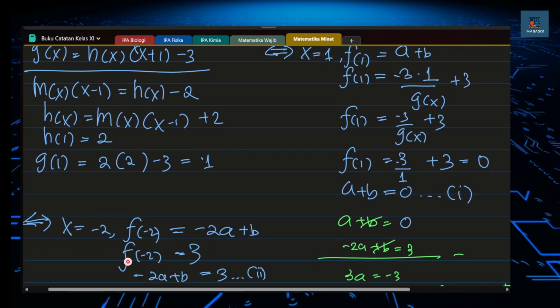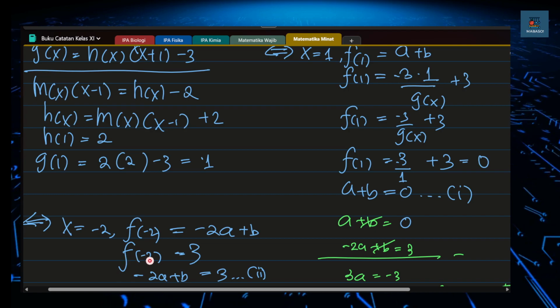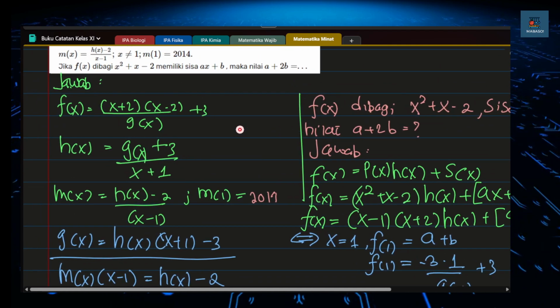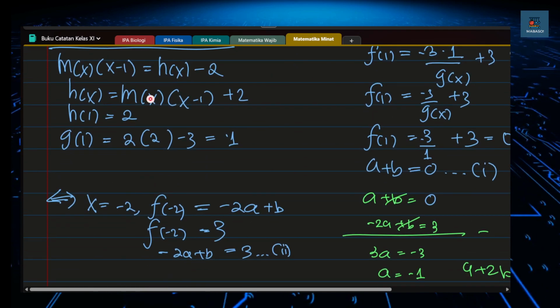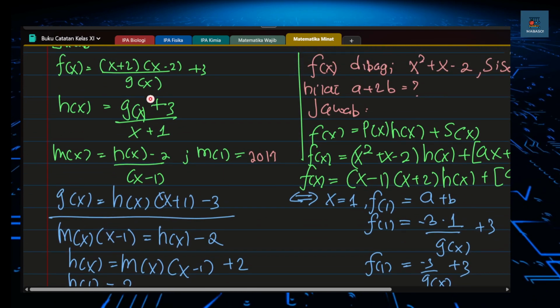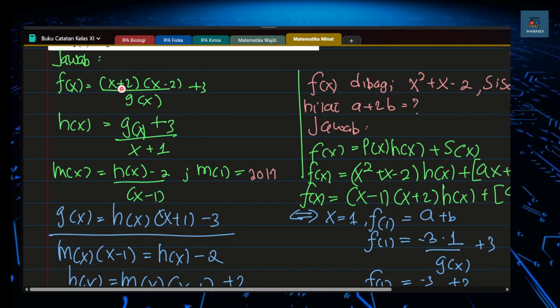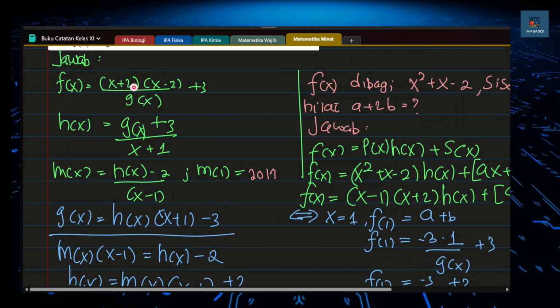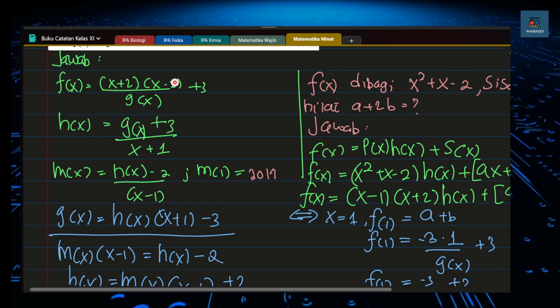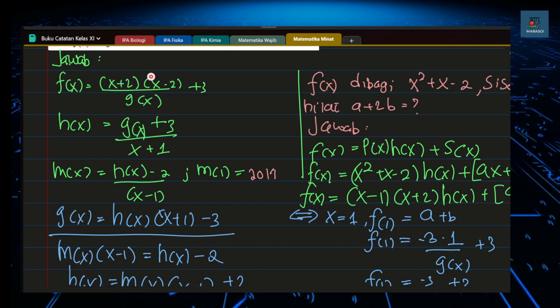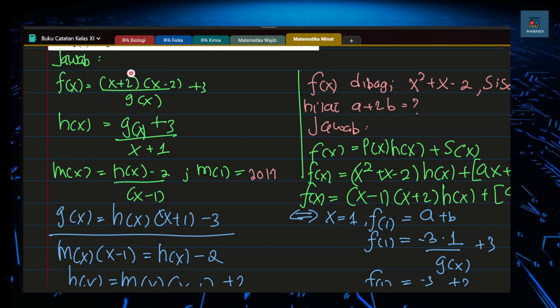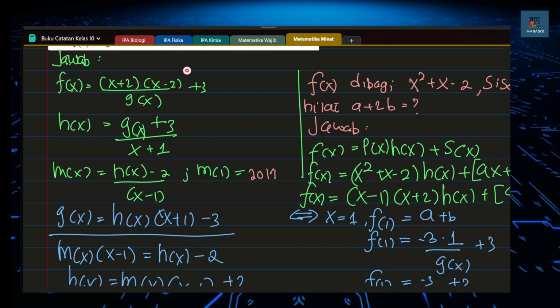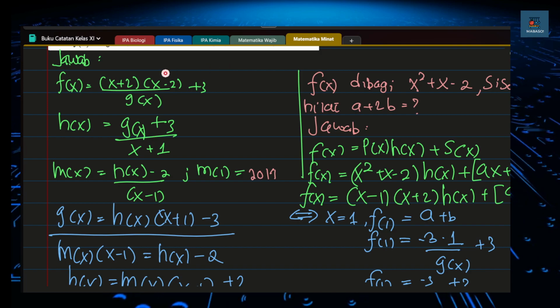Now, of course, we could find f of minus 2 from another equation. If we insert minus 2 into these equations, we know that minus 2 is a factor of this term. The value of this term would be equal to 0, and it would leave us with 3.